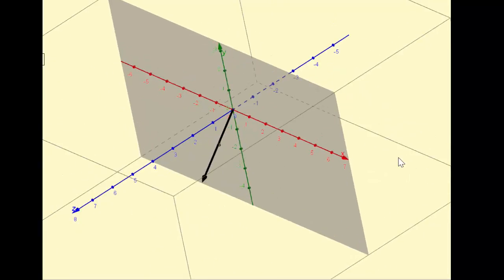If I want it to be of length 4, I can first find the unit vector, so it'll be of length 1, and then scale that vector up by 4. Then you can see the original vector s, the unit vector, and the scaled vector, which has length 4.